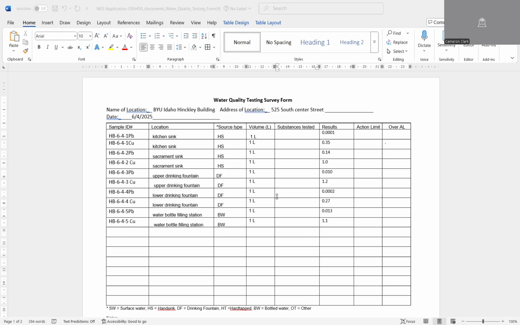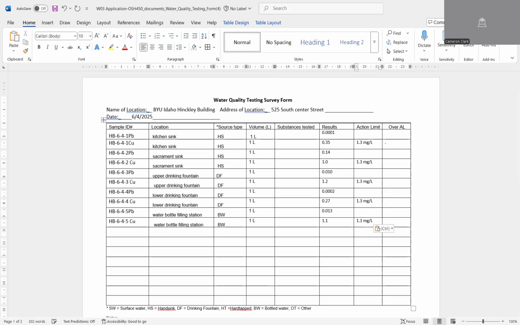But what I'll do for now is just take the copper action level. I'll copy and paste that and put it over here into the action level for anything with copper next to it. So let's make sure that I copied that correctly. Yeah, it looks good. All right, so for copper, I'll go back over here and just paste that for all the copper samples.